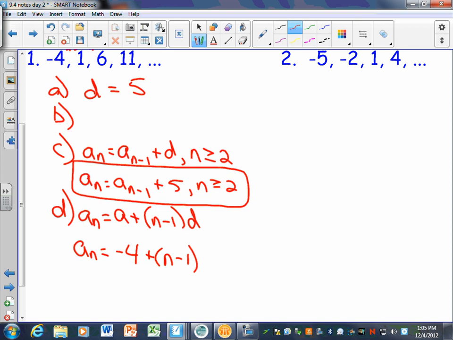Do we know what D is? D is 5. And then I want you actually to simplify that, right? That's just a little algebra there. Multiply that 5 in there and combine my terms and make a nice formula there. This would be negative 4 plus 5n minus 5.